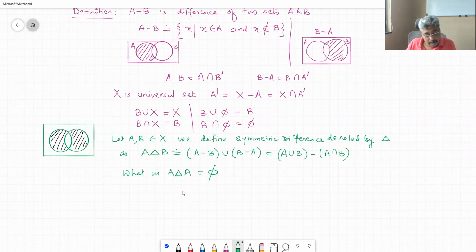Now, A delta B, true or false? Is equal to A delta C, implies B is equal to C. If true, write proof. If false, give counterexample.